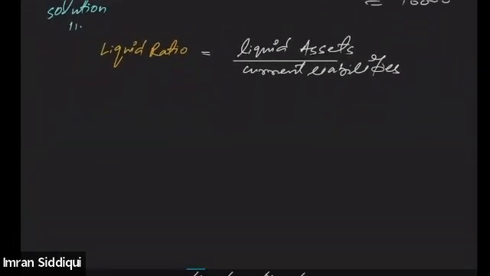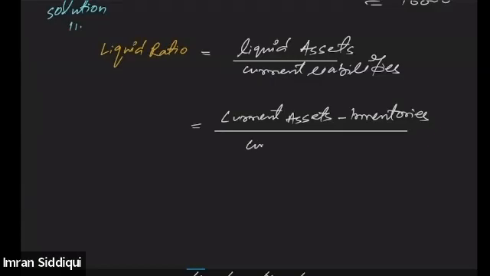Now, we basically have to find out the liquid asset. What we can do is subtract the amount of inventories out of current assets. Current assets minus the inventories, and then we will divide this by current liabilities.